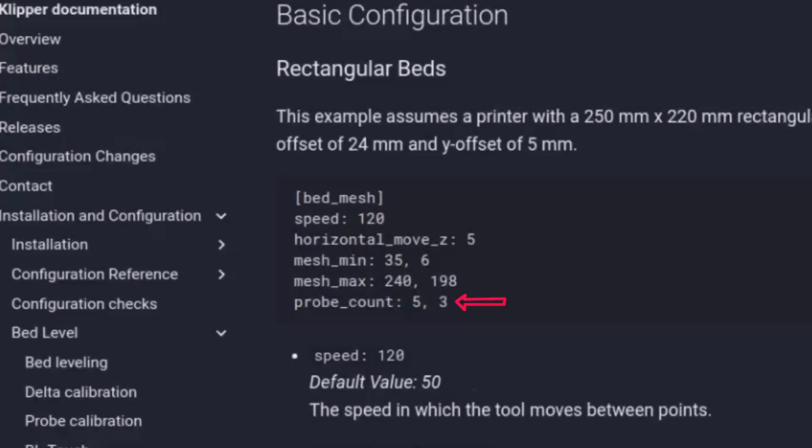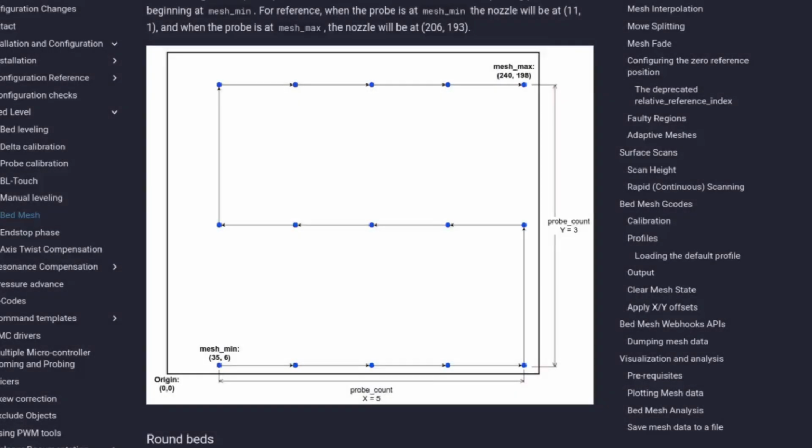Probe count specifies the number of probe points along the x and the y axis. 5 points will be probed along the x-axis and 3 along the y-axis. This means there will be a total grid of 5 by 3 points across the defined mesh area. In this illustration, we can see mesh min, mesh max, and probe count. We have a total of 5 probe counts on the x-axis, 1, 2, 3, 4, and 5, and 3 points towards the y-axis, 1, 2, and 3.